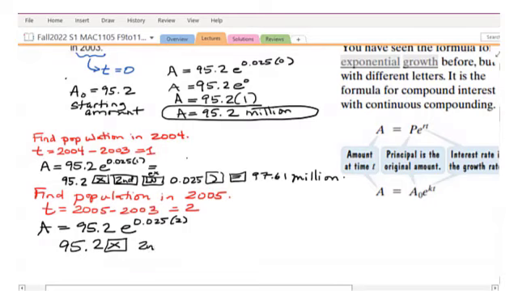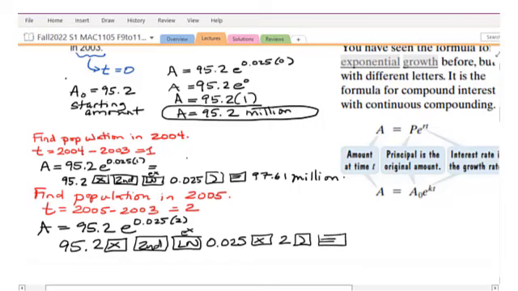We're going to hit second, and then the natural log, because above the natural log is the e to the x function. That puts a parenthesis automatically, which is good because we have an operation we have to do in that exponent. 0.025, hit the times button, and then 2, and then close the parenthesis, and then hit equals.